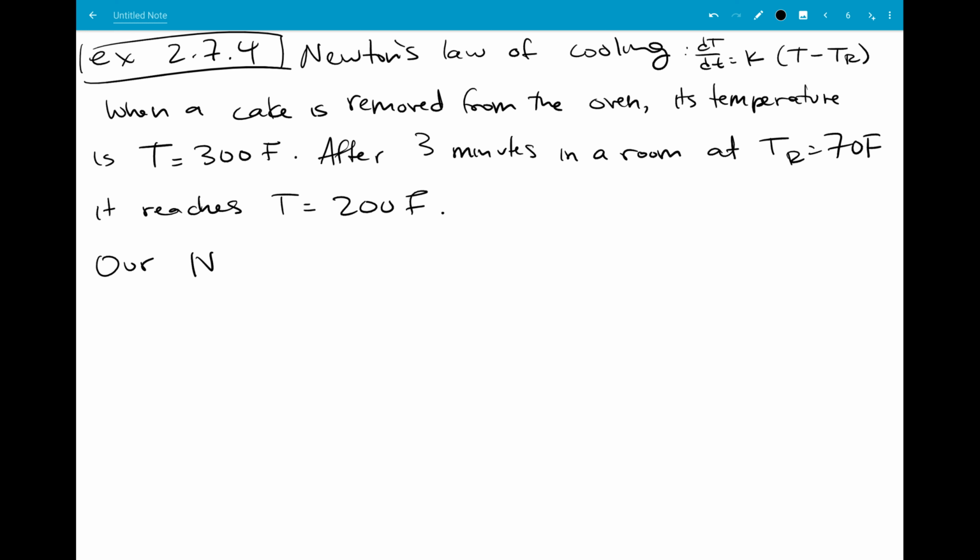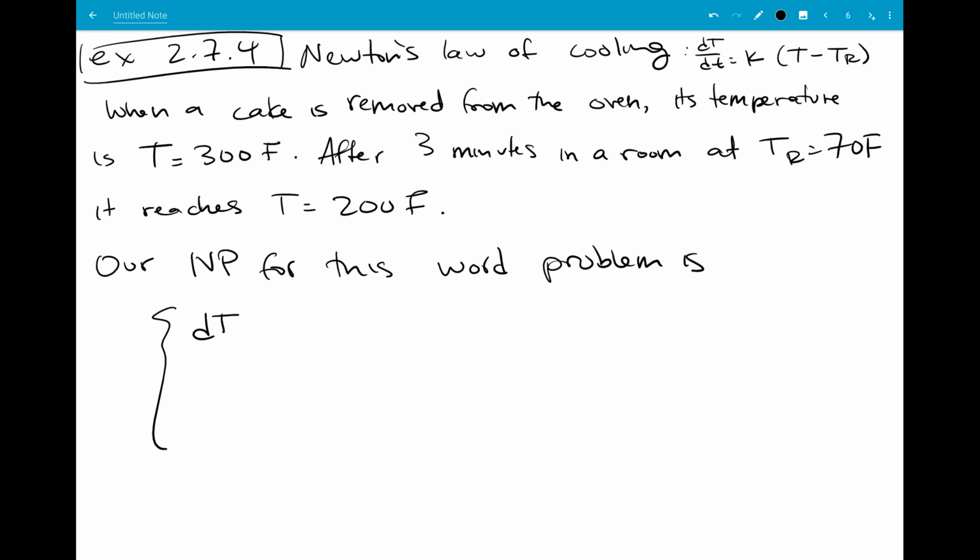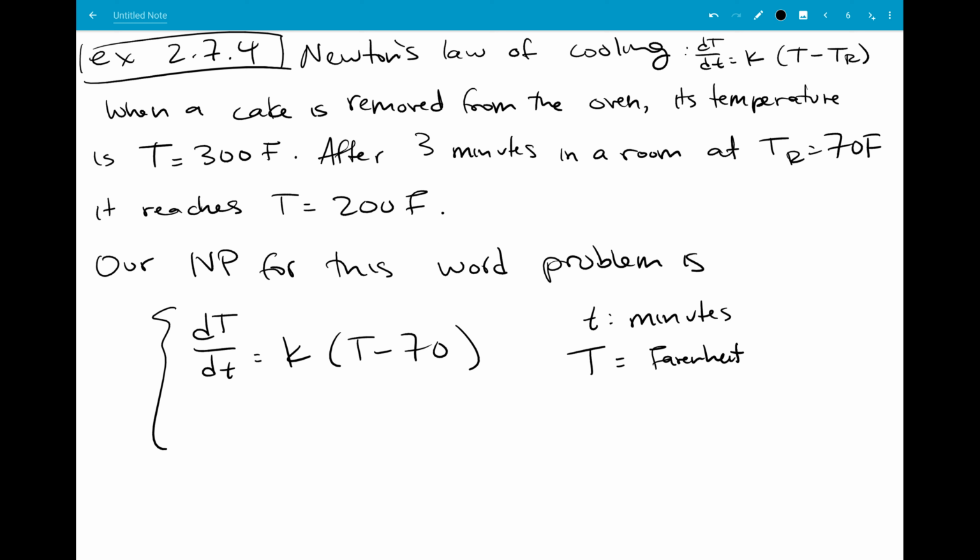So the initial value problem for this word problem is going to be dT/dt is equal to k times T minus 70, where little t is going to be in minutes and big T is going to be in Fahrenheit. I don't actually know how to spell Fahrenheit.